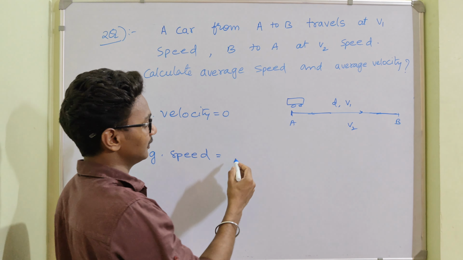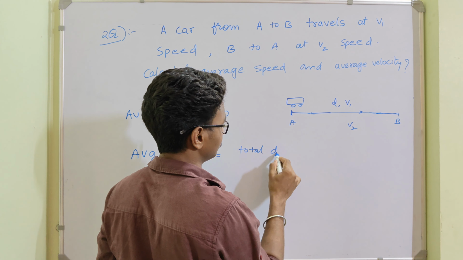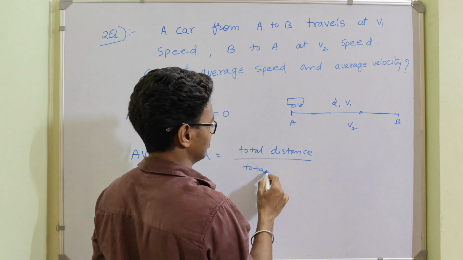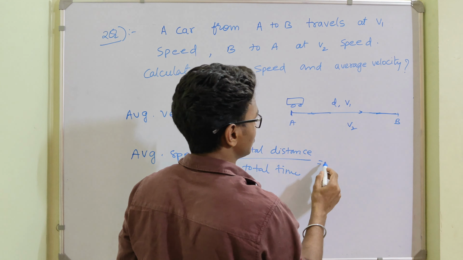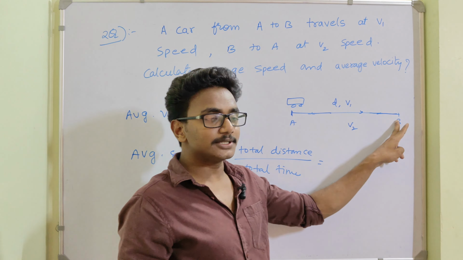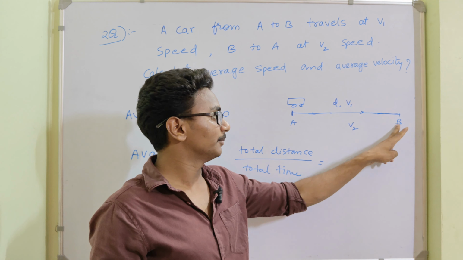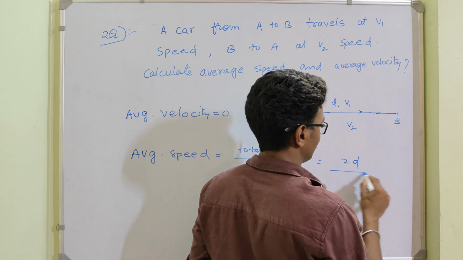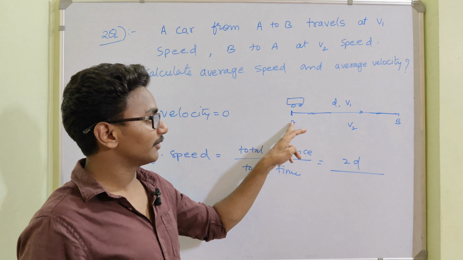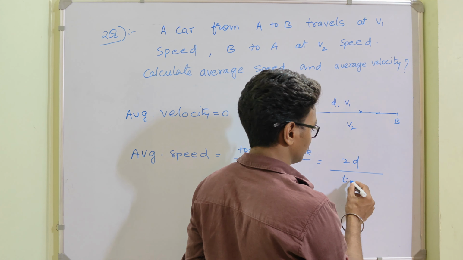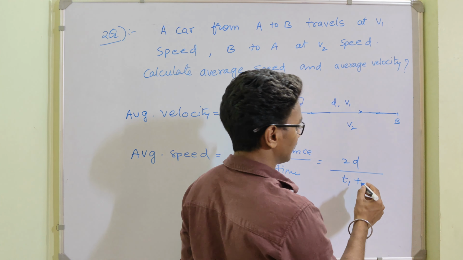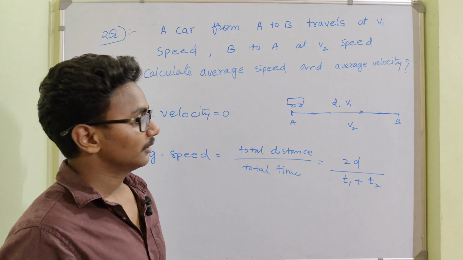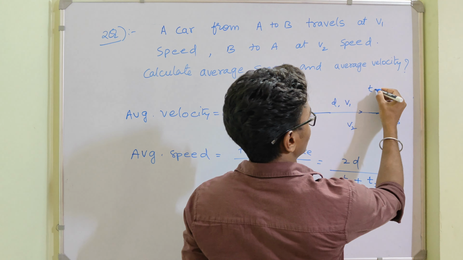What's the formula for average speed? Total distance by total time taken. What is the total distance? A to B is distance D, and again B to A, that is also D. D plus D, 2D, divided by, suppose the time taken for A to B is T1 plus the time taken for B to A is T2.